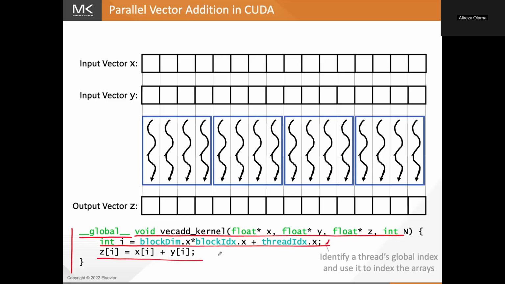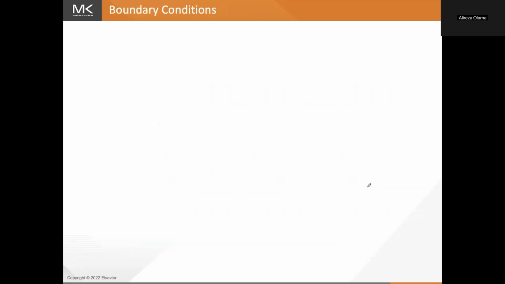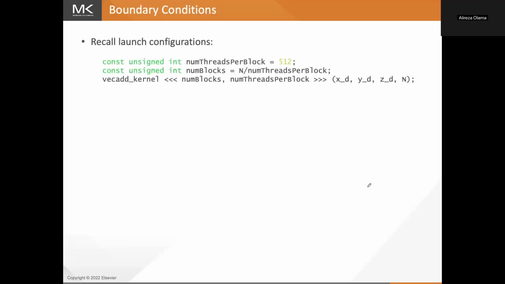I will implement it in a minute, but let's fix some other problems here. So let's talk about boundary conditions. If you remember, I mentioned that we assume that the number of elements is a multiple of the number of threads per block, right? But this is not always the case.